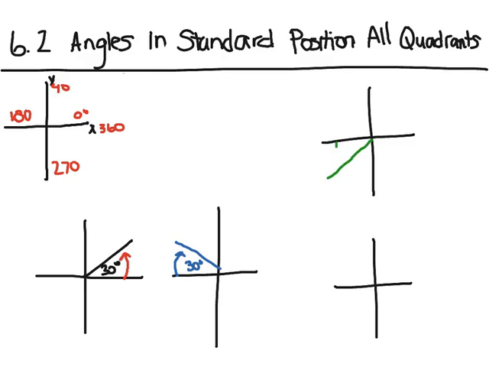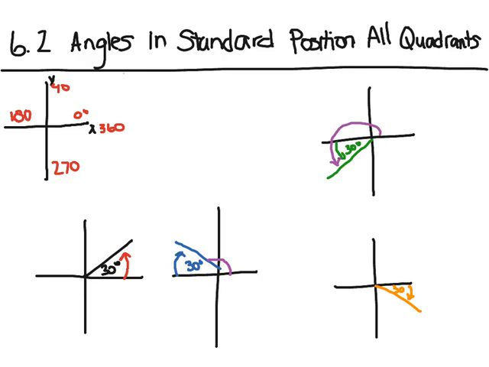And from the x-axis to the angle is 30 degrees. And in quadrant 4, from the x-axis to the line is 30 degrees. What we now want to see is how many degrees each of these angles are.